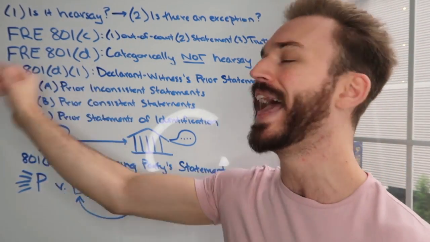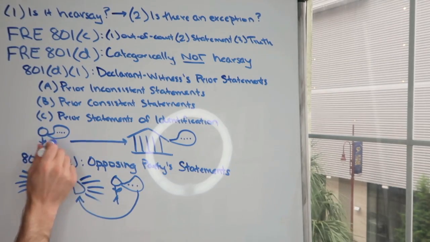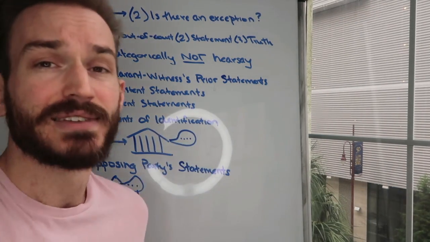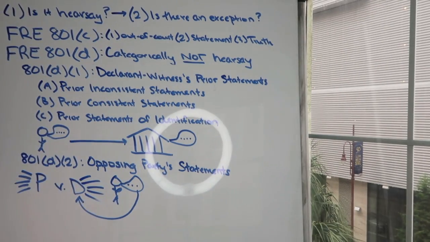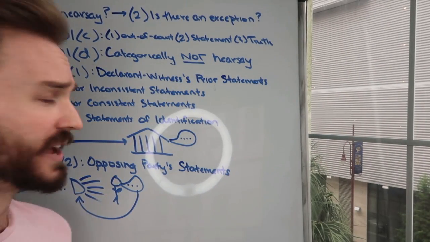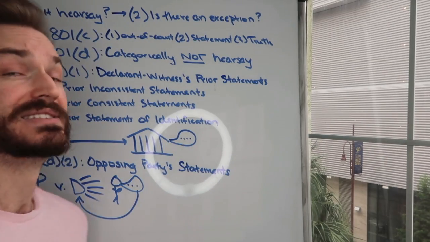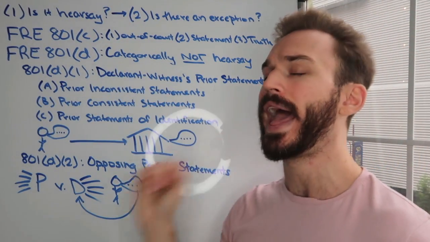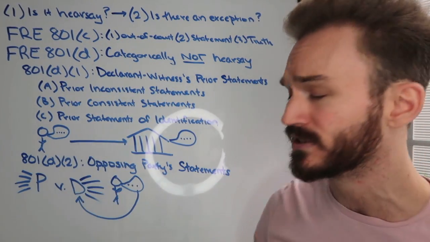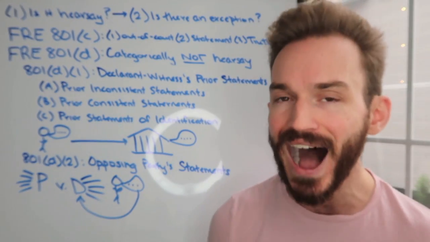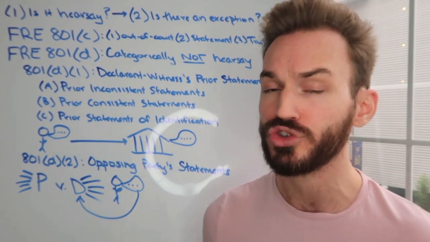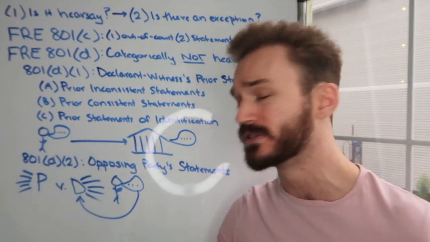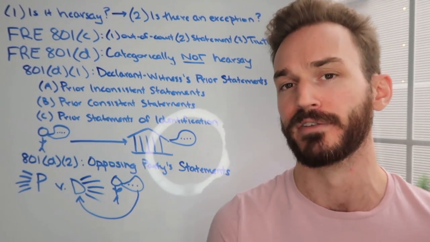And 801D1A deals with the situation when this out-of-court statement that the declarant made is inconsistent with what he is testifying to at trial right now. So you can imagine, declarant out of court says one thing, then he gets to court and he says something else. Well, under a prior inconsistent statement, 801D1A, we're going to say that this prior inconsistent statement, even though it's out of court, is not hearsay. And it can be introduced for substantive purposes so long as this prior inconsistent statement was made under penalty of perjury, right?